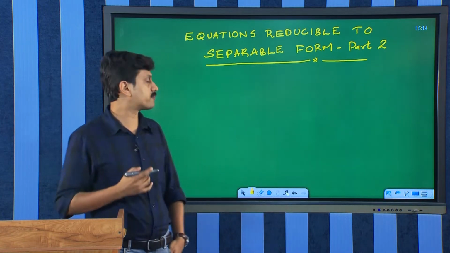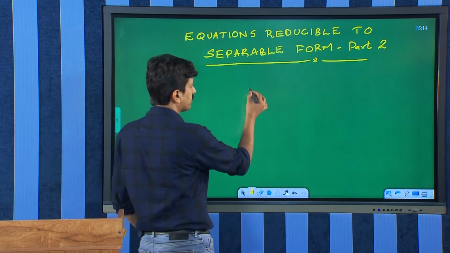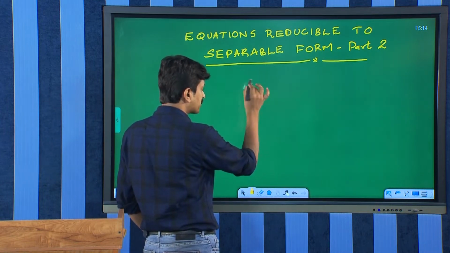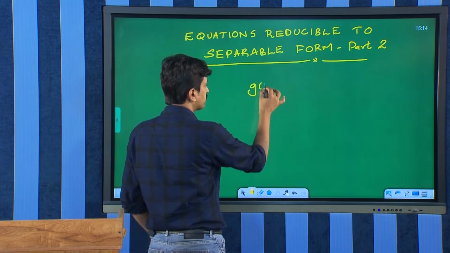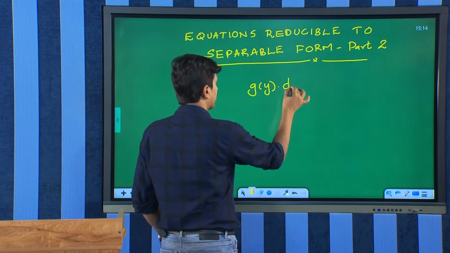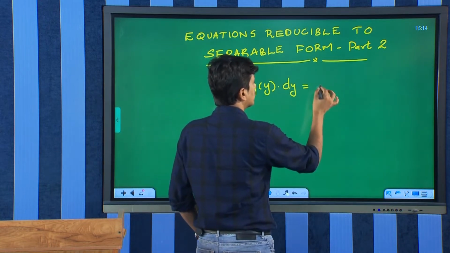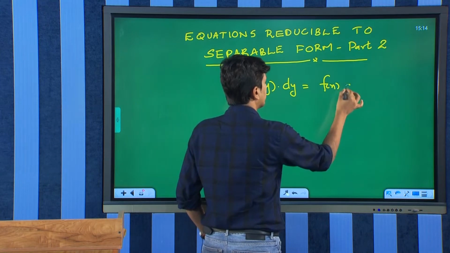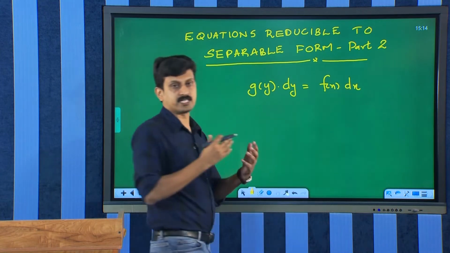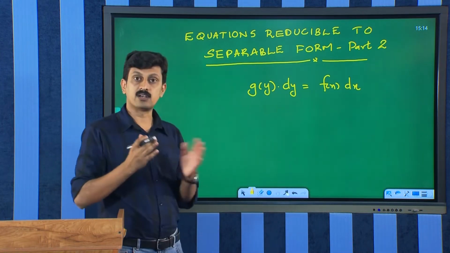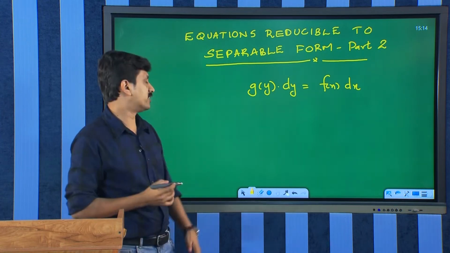We know about the separable equation. A differential equation of the form g of y dy is equal to f of x dx. If we separate the differential equation like this, we are able to integrate both sides.